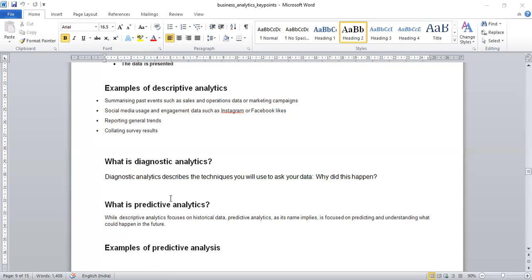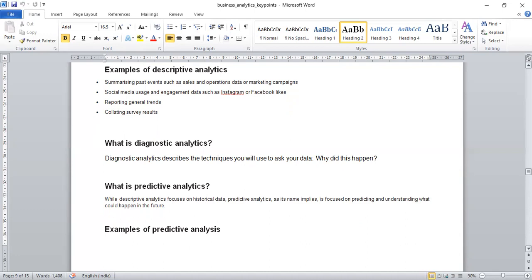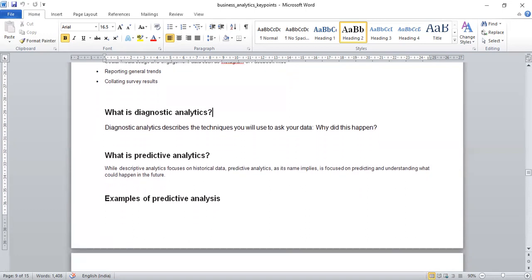Now just look at this diagnostic analytics part. Diagnostic analytics describes the techniques you will use to ask your data: why did this happen?